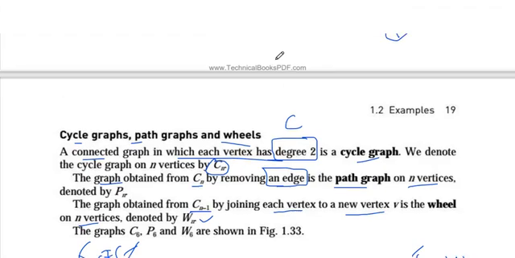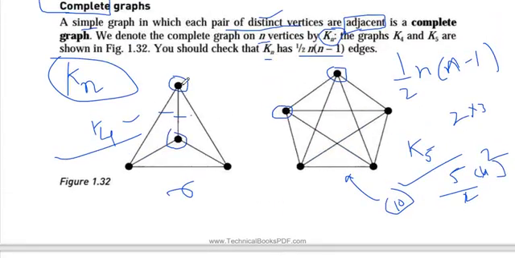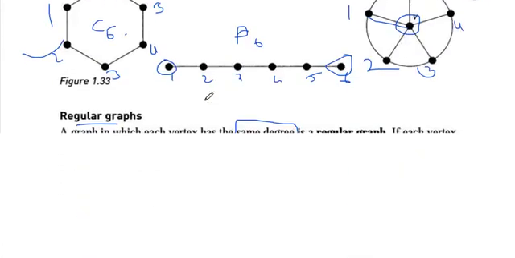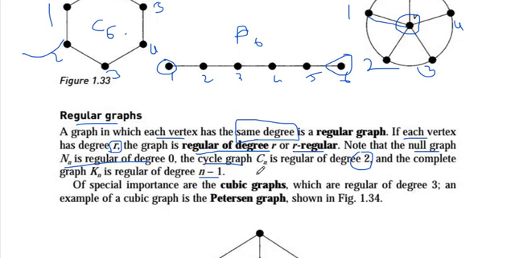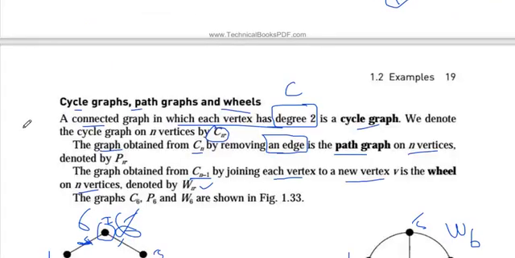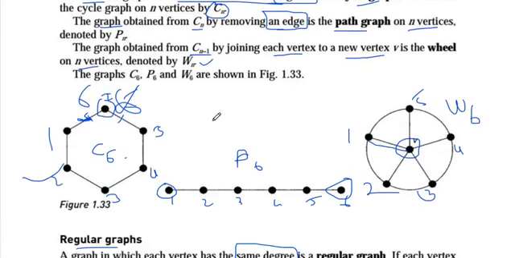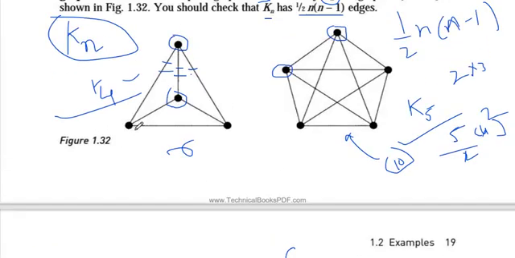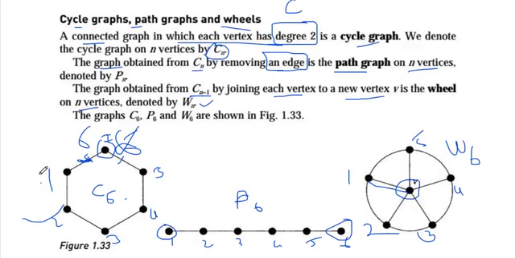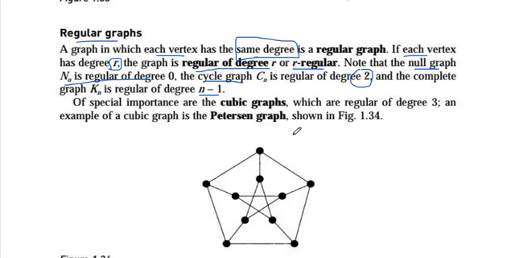If there are 4 vertices, the degree of each vertex is 3. So till now we have studied the complete graph, cycle graph, path graph, and wheel. The complete graph, the null graph and the cycle graph are also regular graphs.